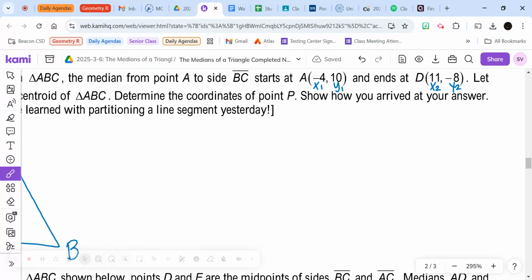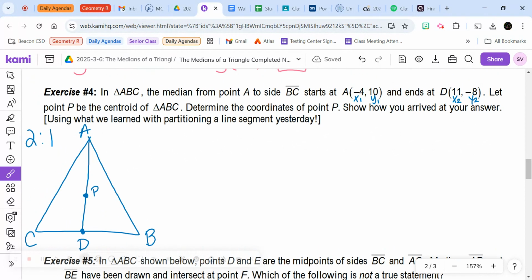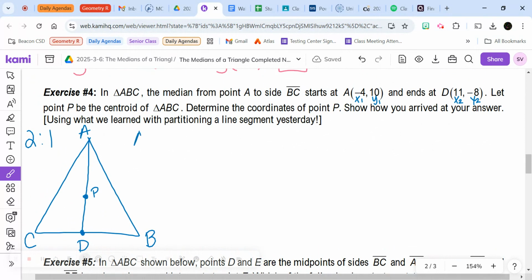Okay. So now finding the change in x, that's your x2 minus x1. That's going to be 11 minus a negative 4, which is keep, change. So that's actually going to give you 15. If you don't believe me, you can check it in your calculator.